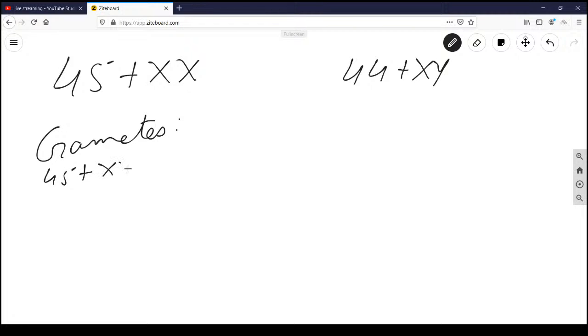45 plus XX will make 23 plus X, okay, that could be the case.